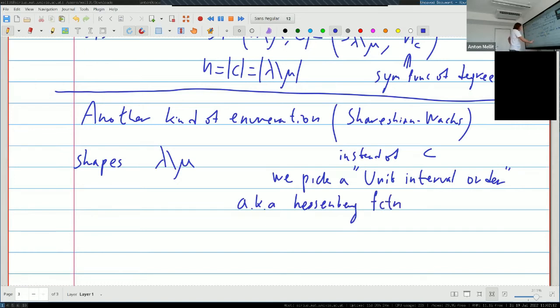So this is a function, it's just a sequence, a tuple h1 to hn, such that it is weakly increasing.